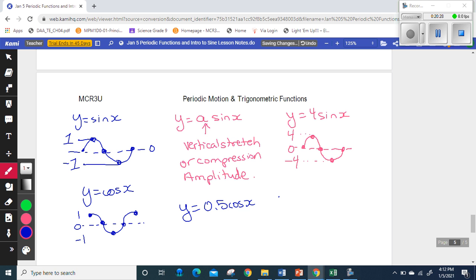My amplitude would just be 0.5. 0, 0.5, and I start up here. There's my y-axis. There's my x-axis. Down, down, down, up, up, and curvy. Yeah. So we did stretches and compressions.